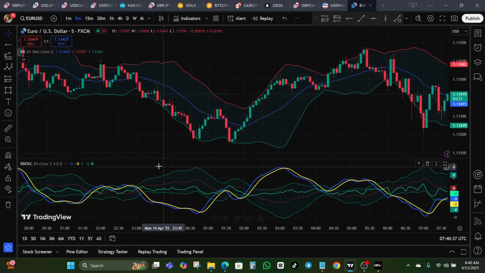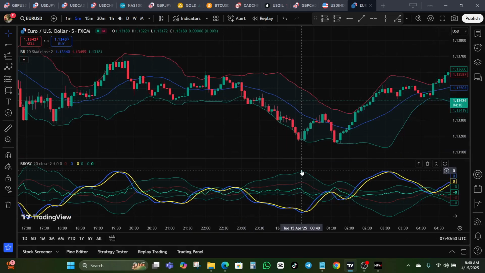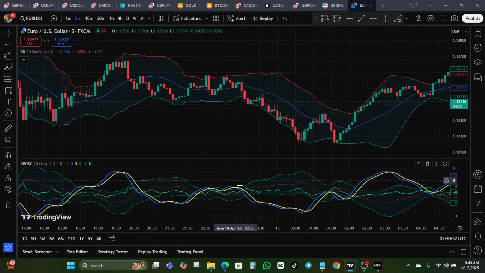With the background lines, there was still a squeeze, and the two main lines moving sideways showed a period of consolidation, and eventually the yellow and the blue line moved downwards, showing that we had a breakout to the downside.